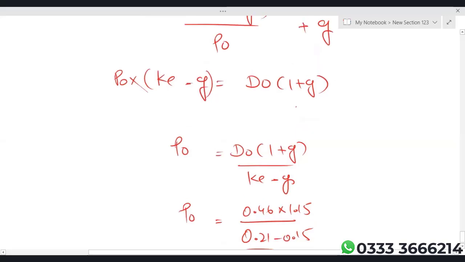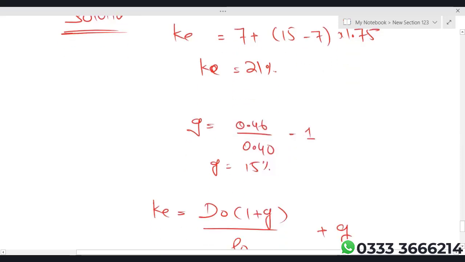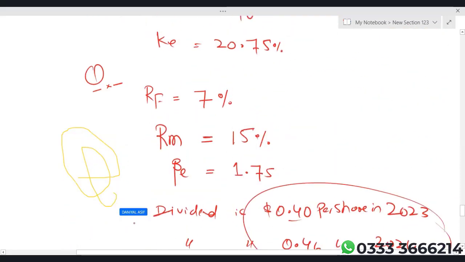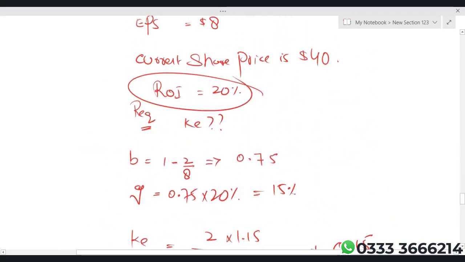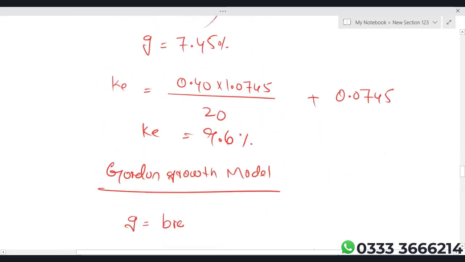I think I've already shown you how to calculate this. This is how we calculated the growth rate. And this is not the first time we are using this formula. Look at the question where we have already calculated the growth rate.